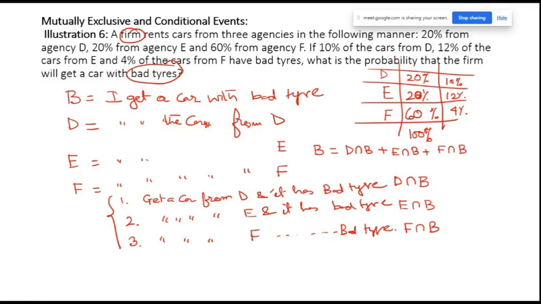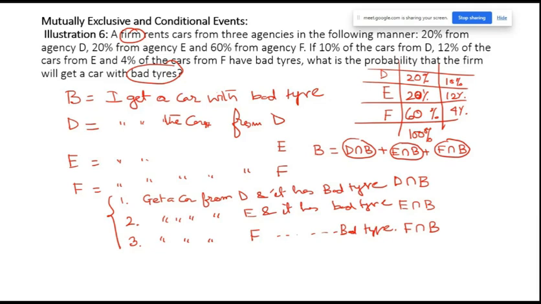Okay. So this is the probability I want to compute here. These events are mutually exclusive, because if I hire a car from D, E and F automatically get eliminated. If I hire a car from agency E, D and F get eliminated. So any one of them will happen.